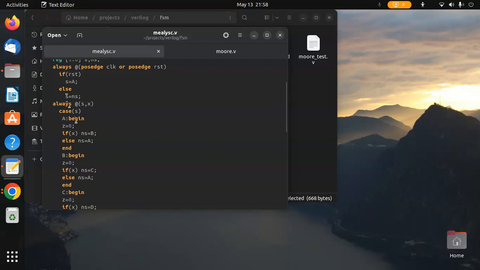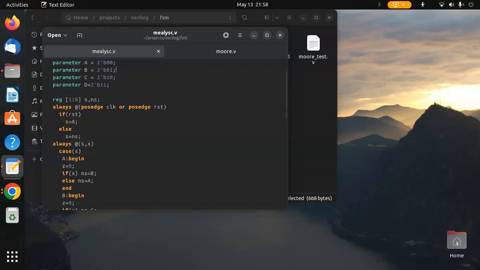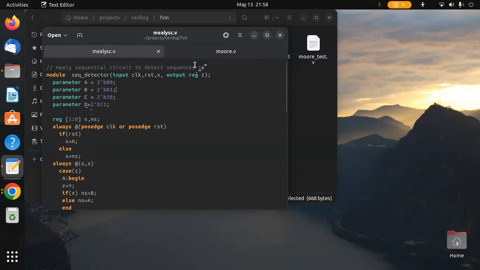You know that the sequence we decided on is 1 1, that is D. For the output to become 1, we need to be in D, the 1 1 condition, and also X should be 1.